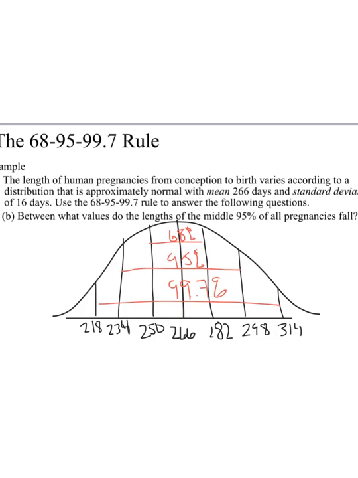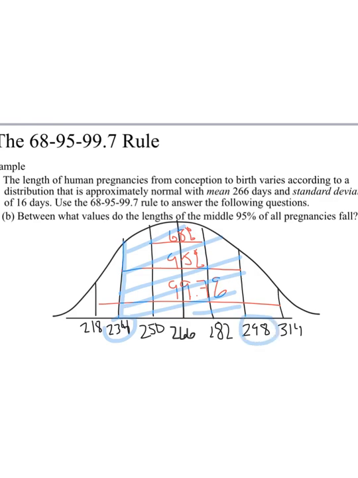So now my next question says, between what values do the lengths of the middle 95% of pregnancies lie? So I'm going to find the middle 95%, and note it's between these values. I'm going to look directly down. Note I'm at 234 and 298.